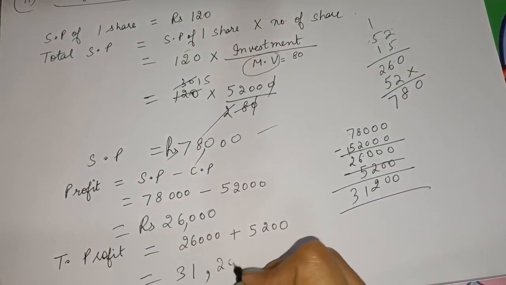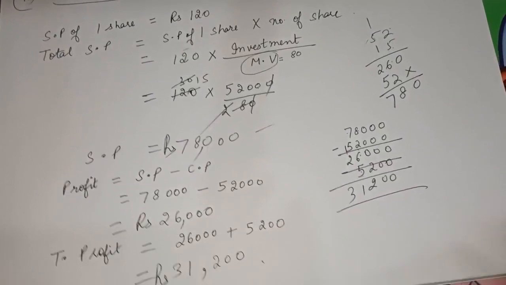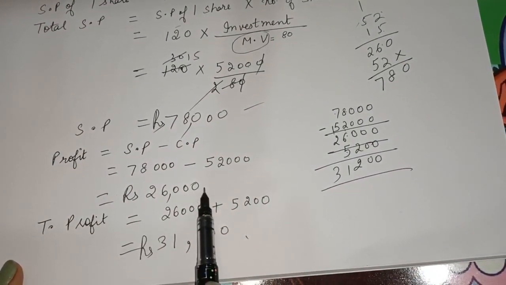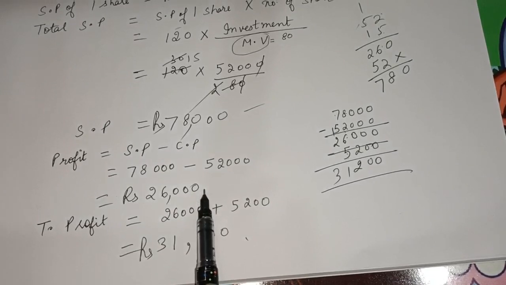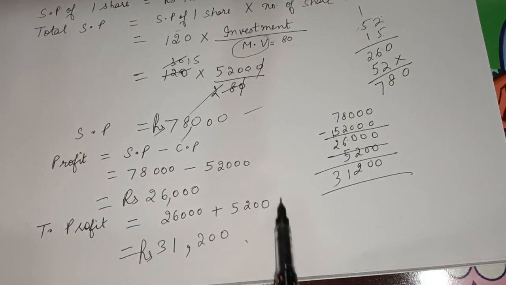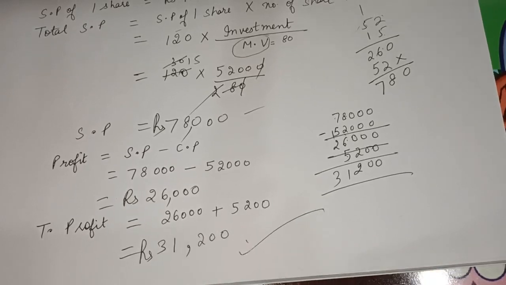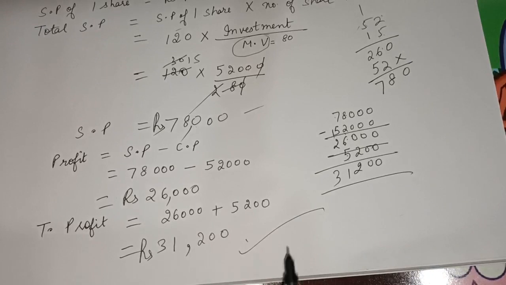So 31,200 is the total profit. Why is 26,000 not the only profit? Because in the question it's being asked, we have to find the profit including the dividend. So the dividend which we found in the first part, we added, and found the net or total profit. So with this our question is completed.